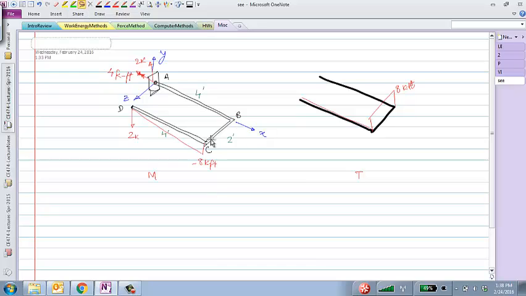What about bending moment here? How do I try to figure out what's the bending moment here? There's constant shear, but what value should I start at? Yeah, we should indeed, of course, start at 0.